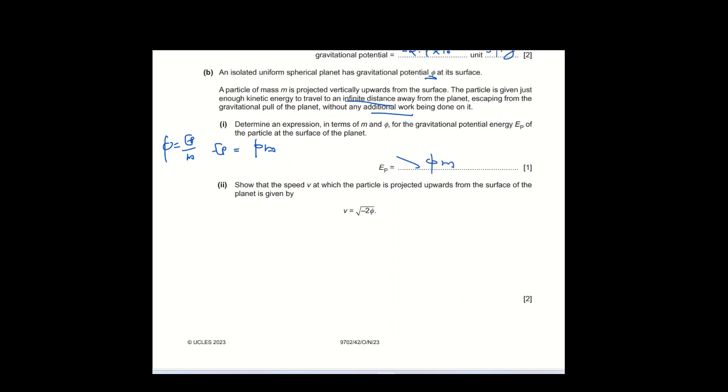So this is the expression. Now, in the second part, show that the speed at which the particle is projected from the surface of the planet is given by v is equal to square root of minus 2 phi. Now, in this question we have to use the statements from here. The particle is given just enough kinetic energy.